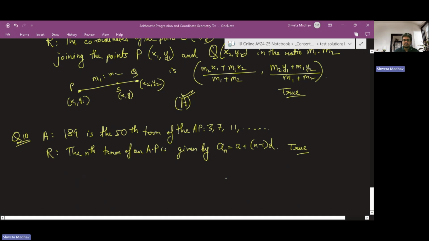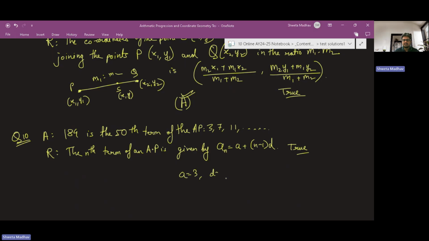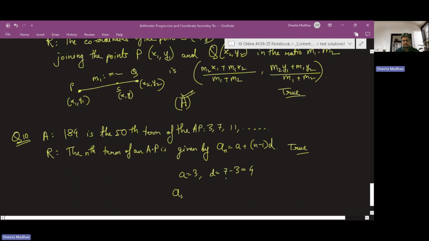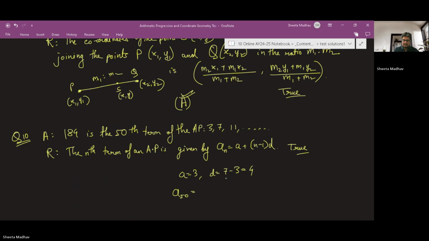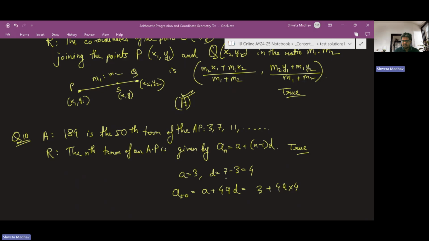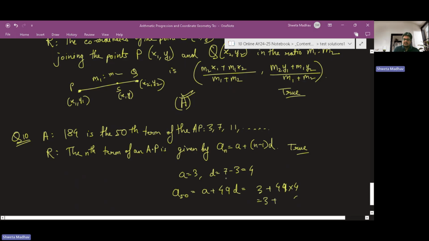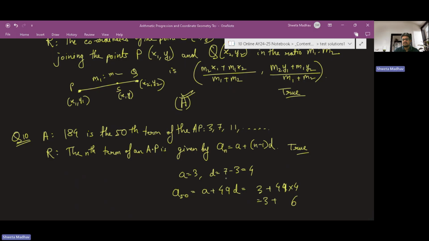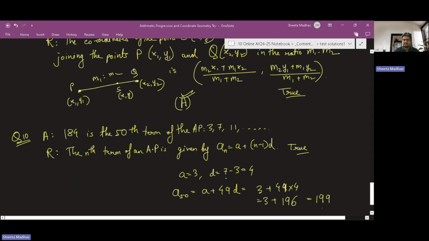So here, the first term of the AP is 3, and the common difference is 7 minus 3, that is 4. So the 50th term, a50, will be equal to a plus 49d. So that will be 3 plus 49 into 4. 4 9s are 36, 4 4s are 16, so 196 plus 3, that is 199.